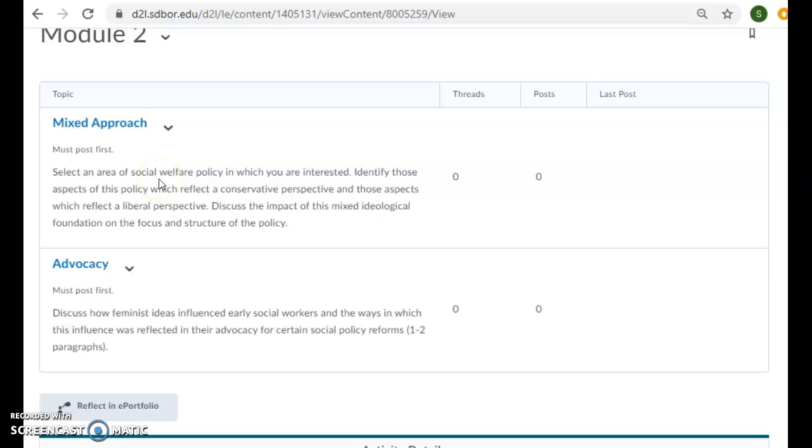A mixed approach would be how you would design a successful policy. You would take a policy and say, here's my policy, and then discuss some aspects of the policy that people who might see themselves as being on the conservative side of the spectrum, as well as people on the liberal side of the spectrum, could get to the same conclusion that the policy is a good idea.